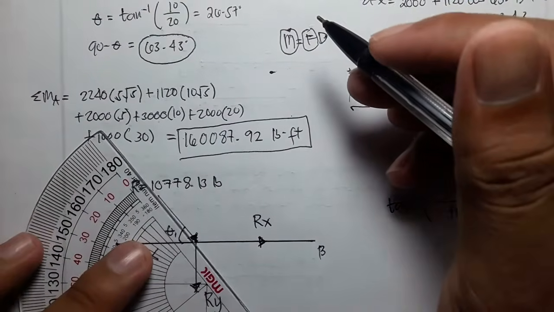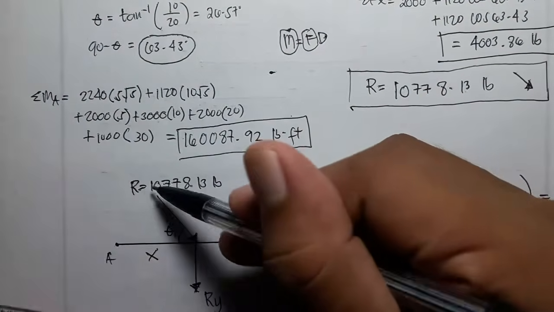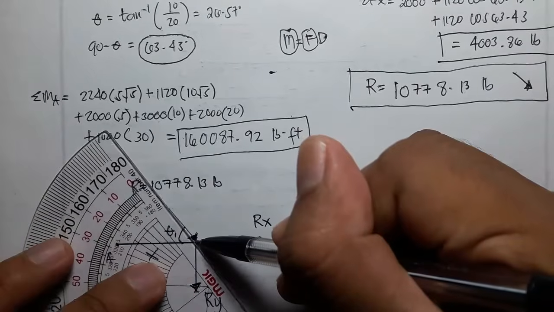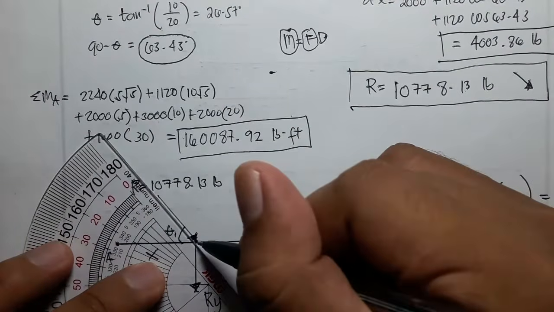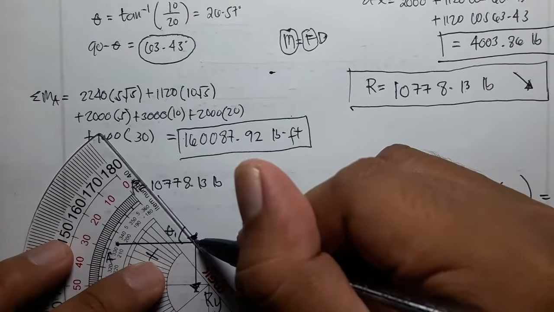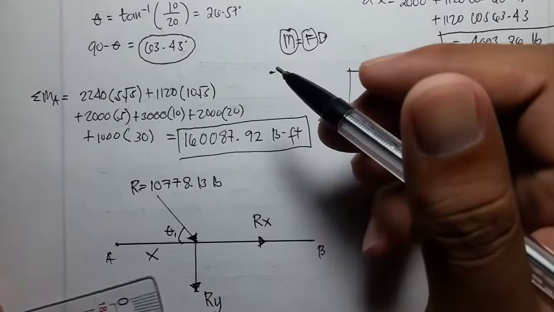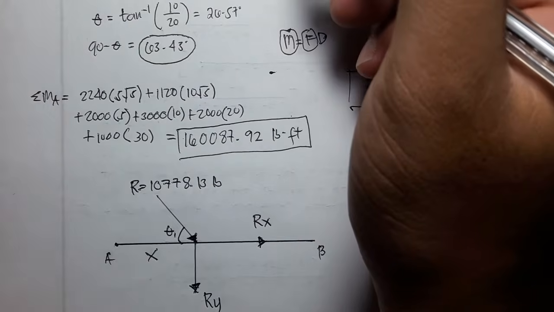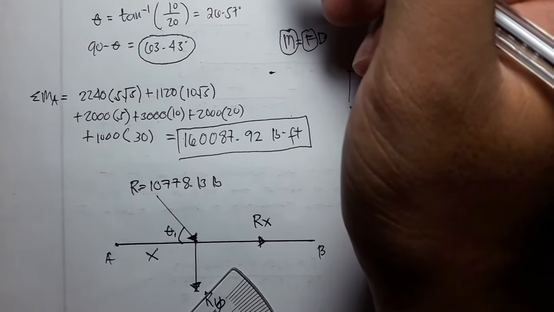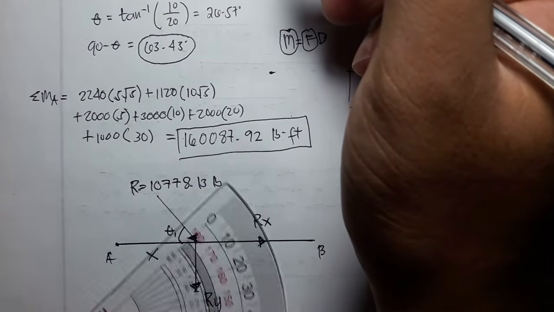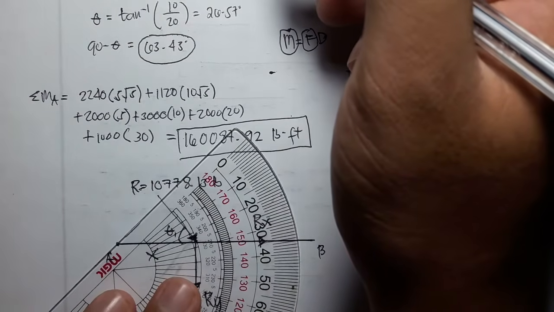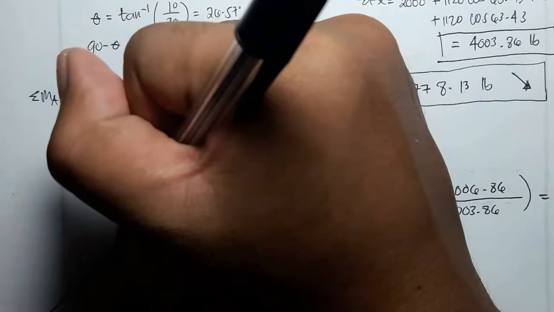Then if you are asking why we can't use this resultant to solve the distance, remember that the moment arm is the shortest distance from our moment center.